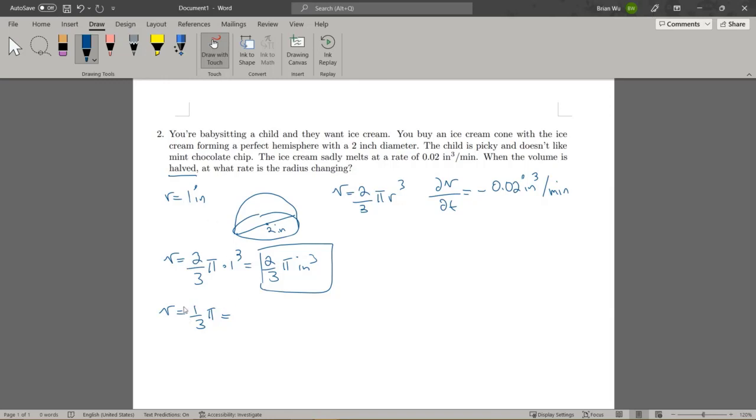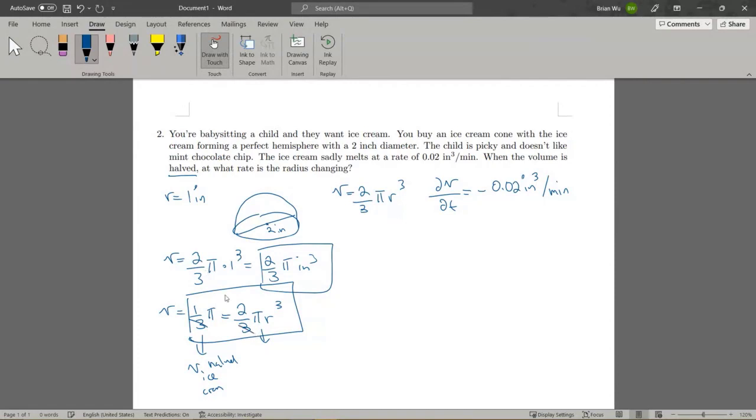In this case, we're going to plug it in again and solve for the radius of the ice cream where the volume is halved. This is the volume of halved ice cream, and this is the volume equation to find out which radius it will be. So we solve for r.